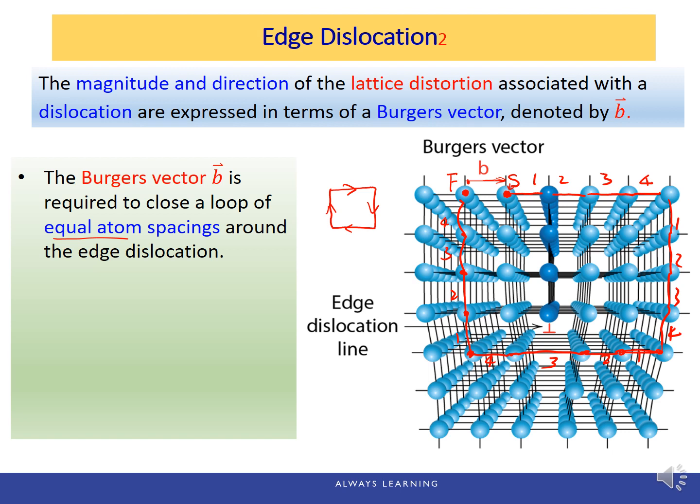Well, another question is, when I draw the loop, I'm taking the steps clockwise, right? Why did I take clockwise? Why didn't I go counterclockwise? Well, actually you can go counterclockwise as long as you keep consistent throughout your problem.